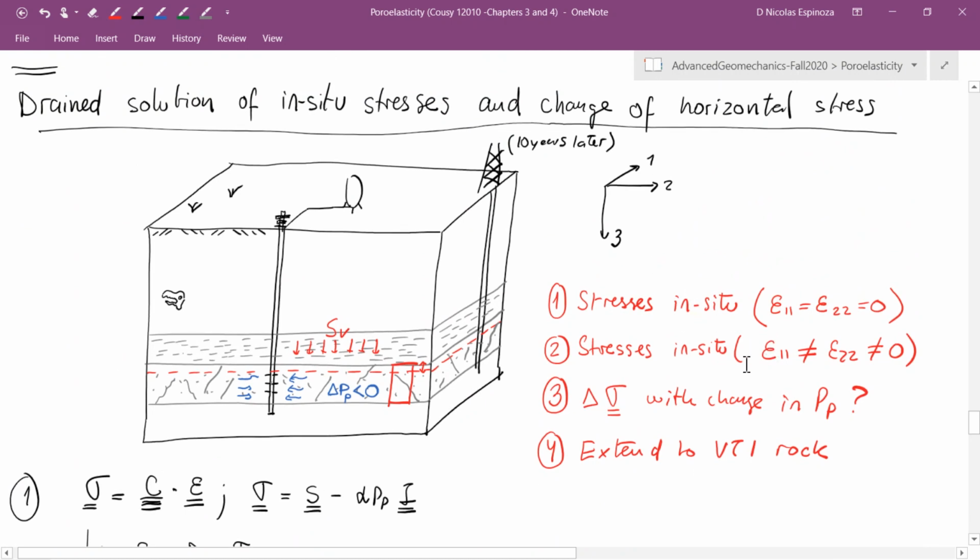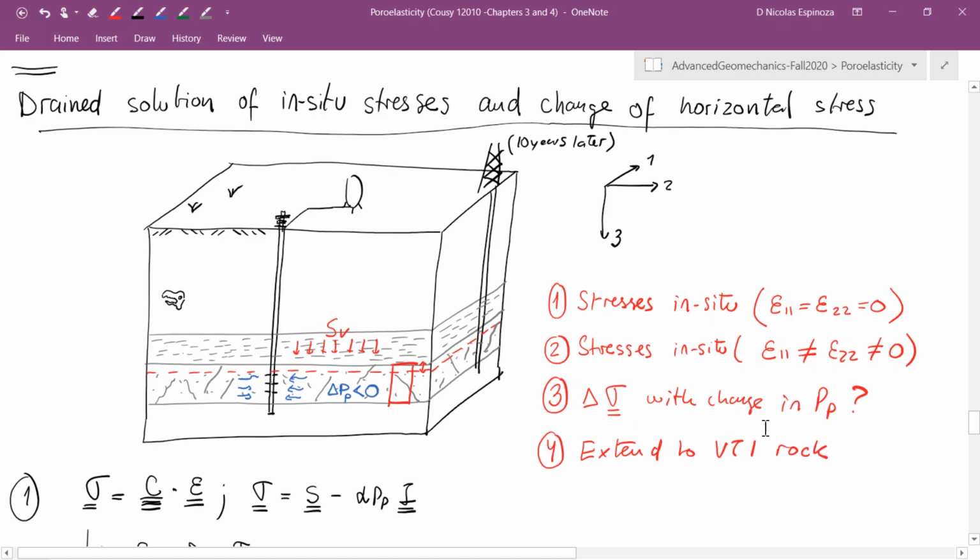Question number 2, stresses in situ for an active tectonic environment. Question number 3, the change of stresses due to the change in pore pressure. Let me mention also this is a drained problem, because we are assuming that the pore pressure has equilibrated in the reservoir such that it's not causing more elastic strains in the matrix due to undrained loading.